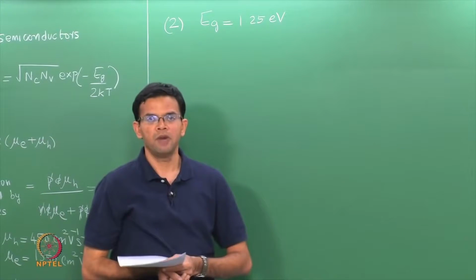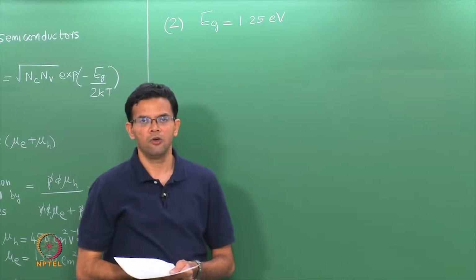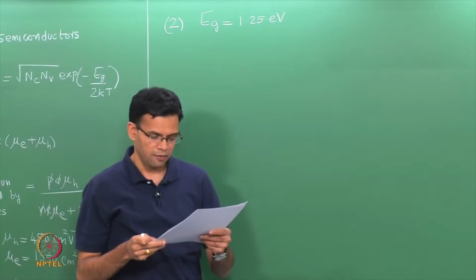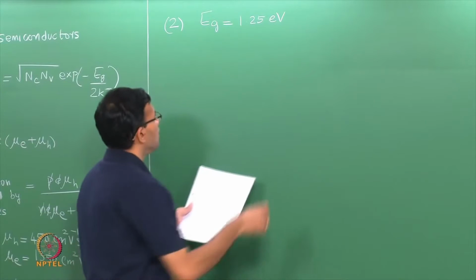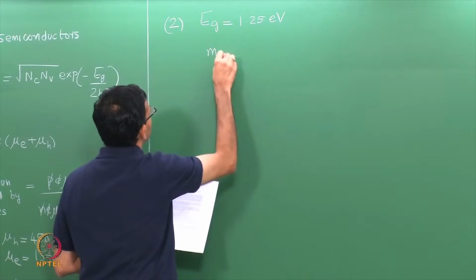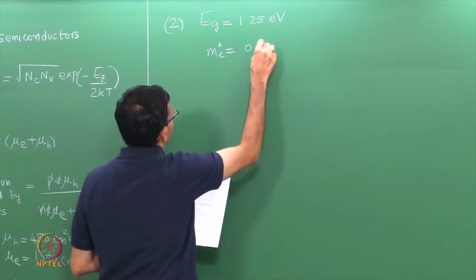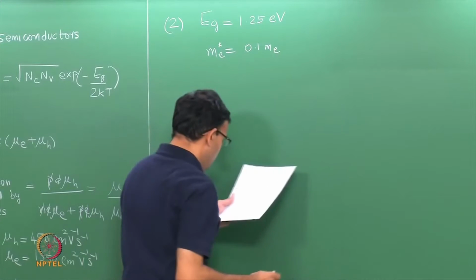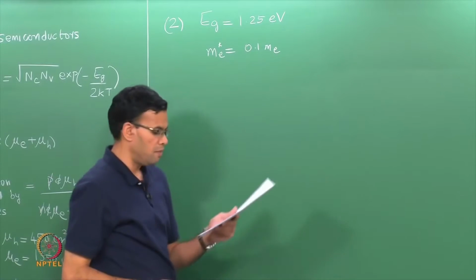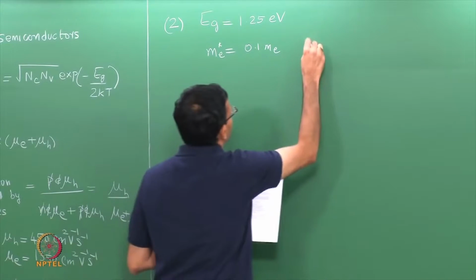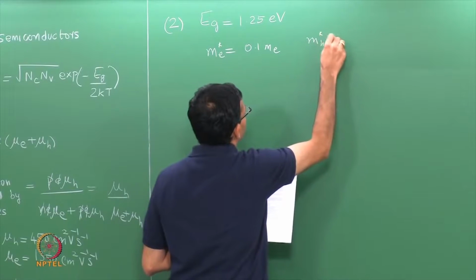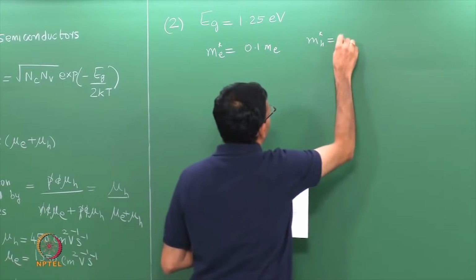The effective masses of the electrons and holes are also given. The effective mass of the electron Me star is 0.1 times Me, where Me is the mass of the electron, and Mh star is 0.5 Me.